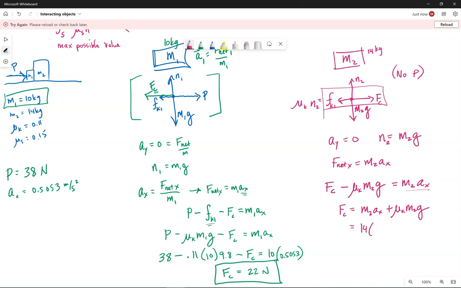So when we plug these values in, oh, I pulled the mass out. So m times (a plus mu g).